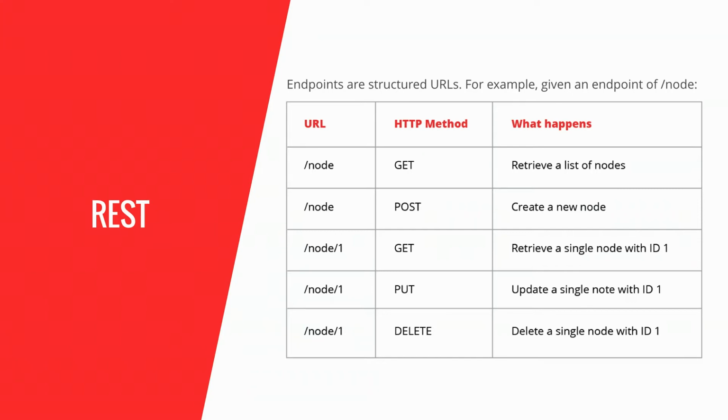And for any given endpoint, since node is an endpoint in Drupal, you're going to be able to perform a couple of different operations. So you have the GET request to /node, which retrieves a list of nodes. You have a POST request to /node, which creates a new node. And then you've got a GET request to a single resource. So node/1 is an example of an individual resource. If you issue a GET request to node/1, I think we all know what happens. You get back node/1. Same with PUT and DELETE. Pretty straightforward.